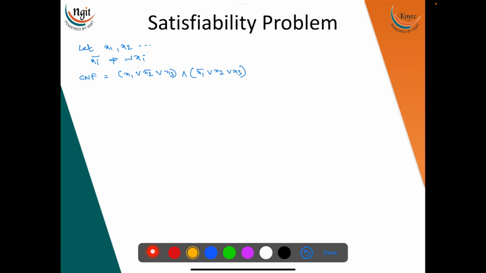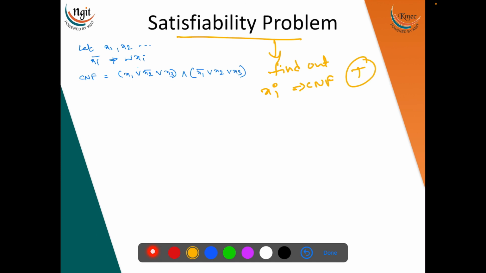Now what is satisfiability problem? It is to find out for what values of xi this CNF formula is true. So what are the possible values of xi? Let's suppose I have taken three variables, literals, and these are Boolean values, so each can be 0 or 1.